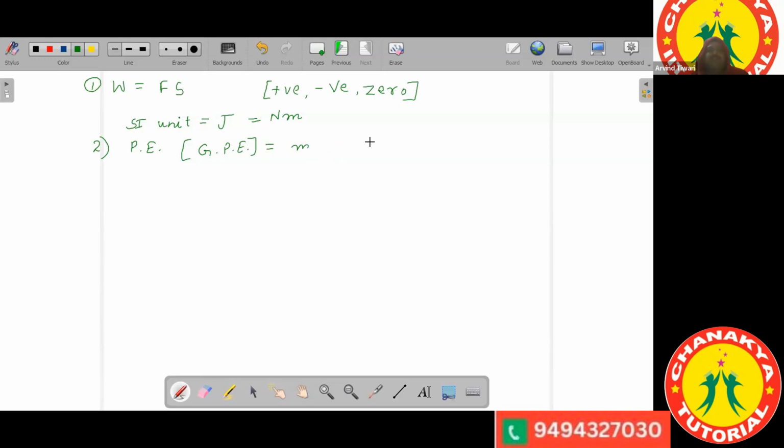So the gravitational potential energy is given by mgh, right? Also, it is independent of the path followed. By what path the work is being done, that is independent of it.